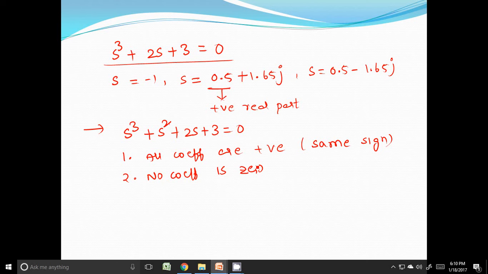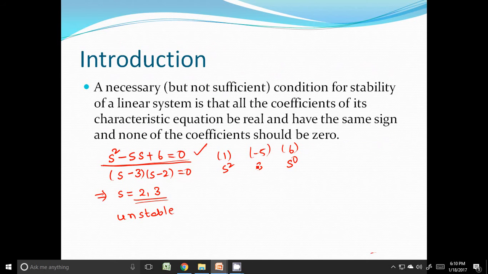So, can we conclude that this system is stable? No. Whatever conditions we mentioned here are necessary but not sufficient conditions.